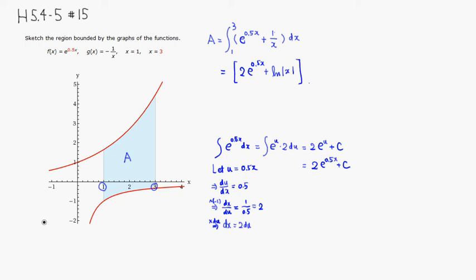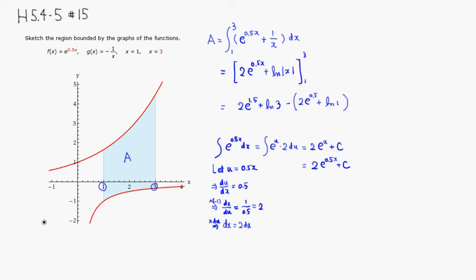Then you're going from 1 to 3. So this is going to be equal to, plug in 3 here, so you have 2 e to the 1.5 plus natural log of 3, and minus plugging in 1, so it's 2 e to the 0.5 and plus natural log of 1.